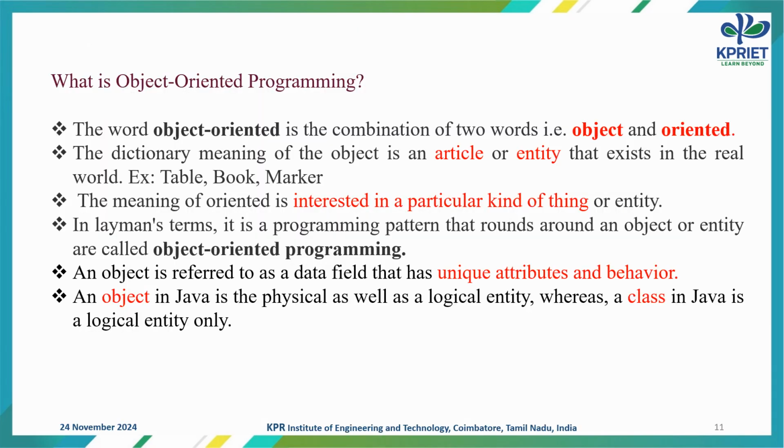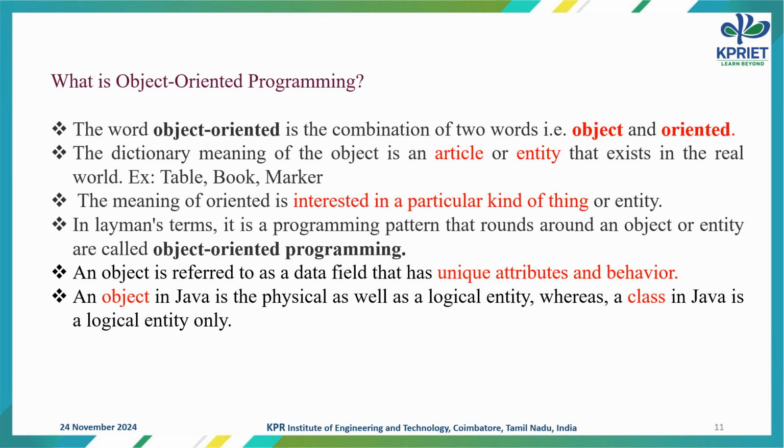So first, entering into Java, we know that it is an object-oriented programming language, right? What is object-oriented? It is a combination of two words, object and oriented. What is an object? An object is whatever thing you are taking in the world. For example, washing machine is an object, table, duster, chalk piece, belt, everything is an object.